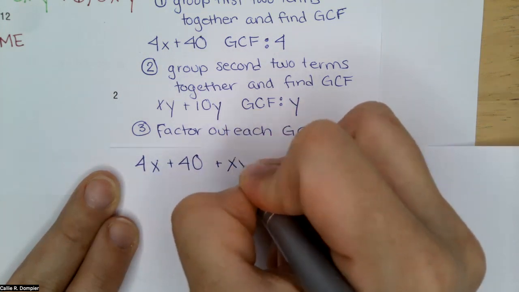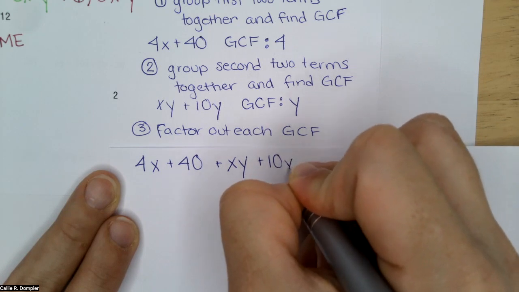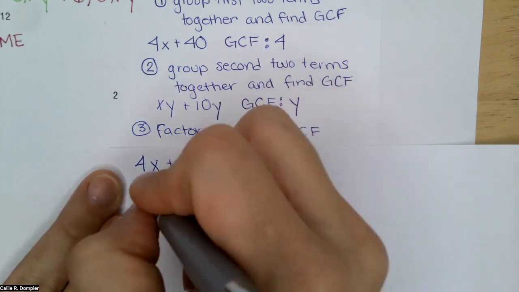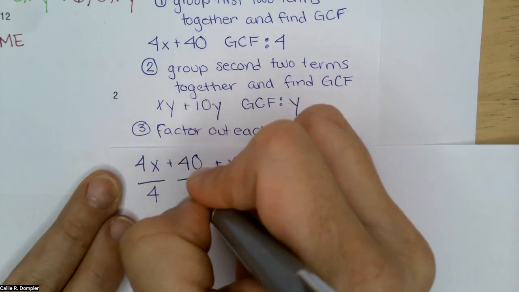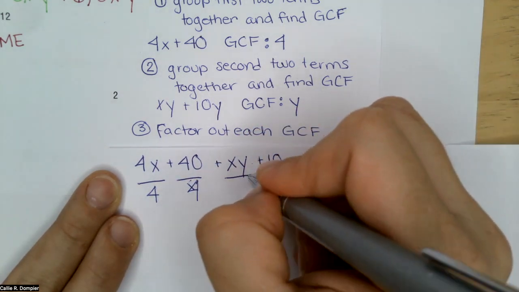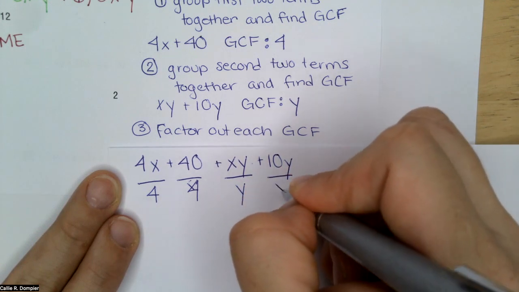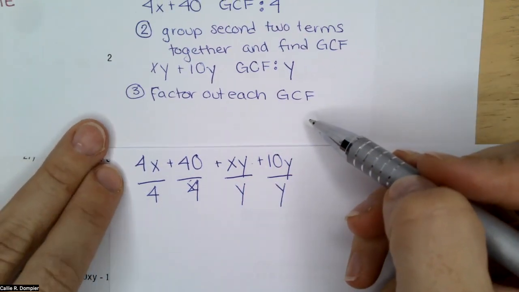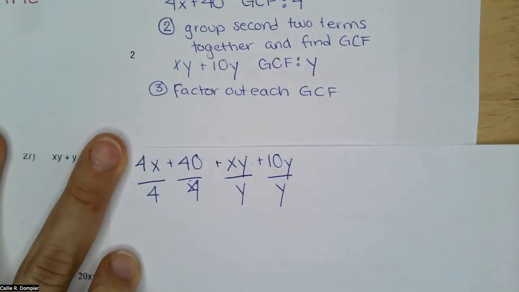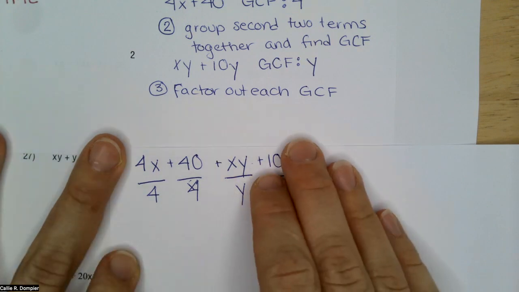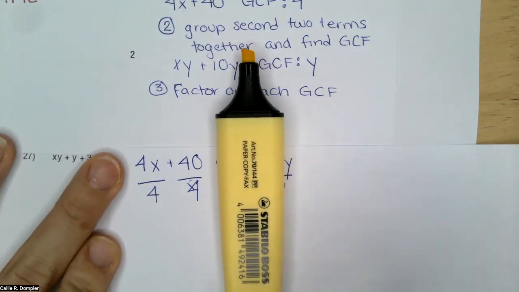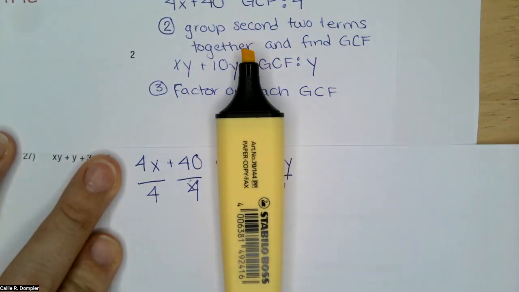But it's still one problem, okay? I can cover it up and say I'm going to divide this one by 4. And I'm going to divide this one by y and factor out each of those, okay? But it's easier, I would say, to look at it like that, okay?